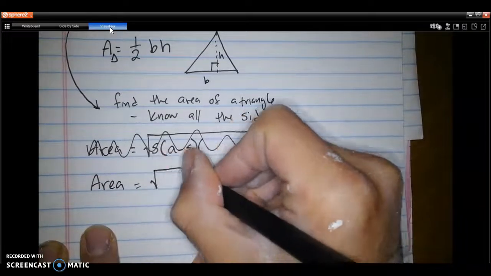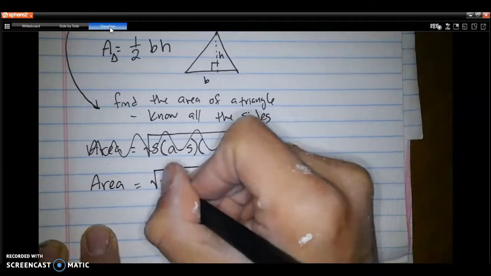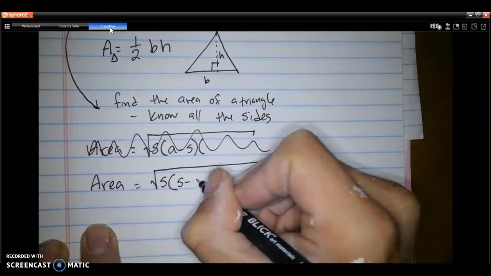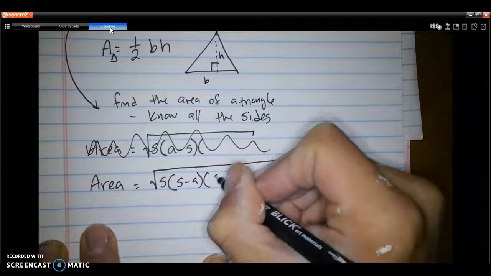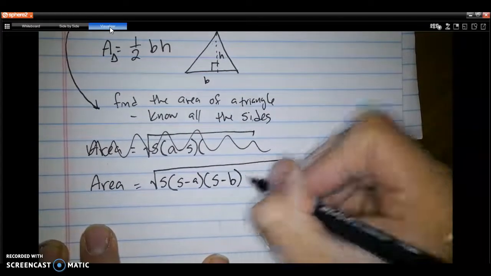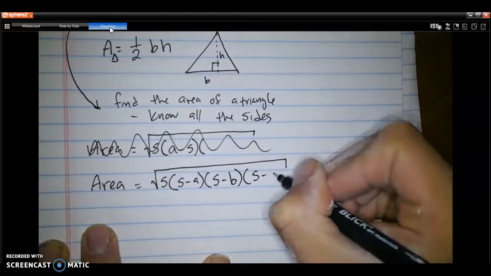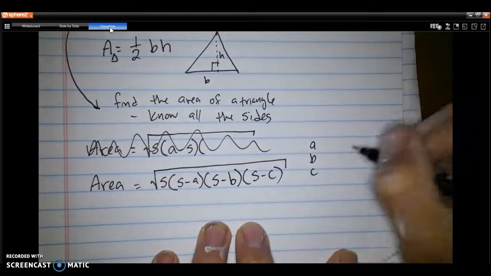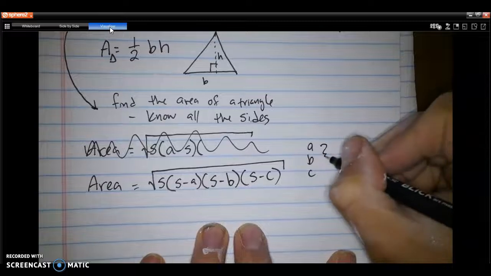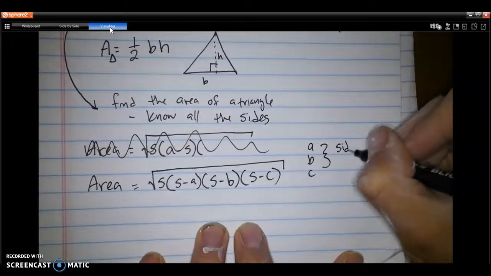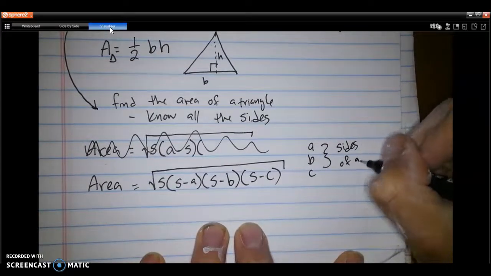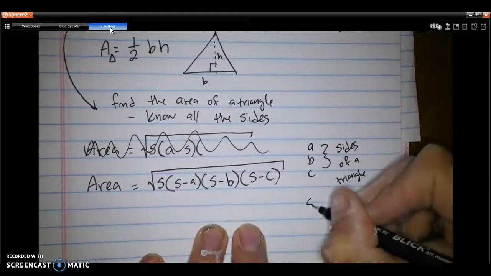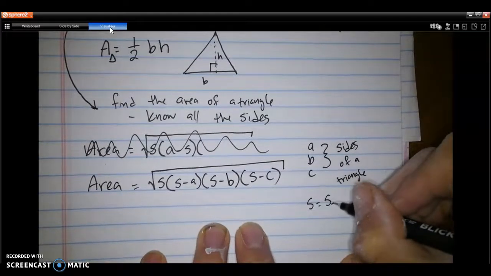Area is equal to the square root of S times S minus A times S minus B times S minus C. And A, B, and C, these are all sides of a triangle. And S is what we call the semi-perimeter.